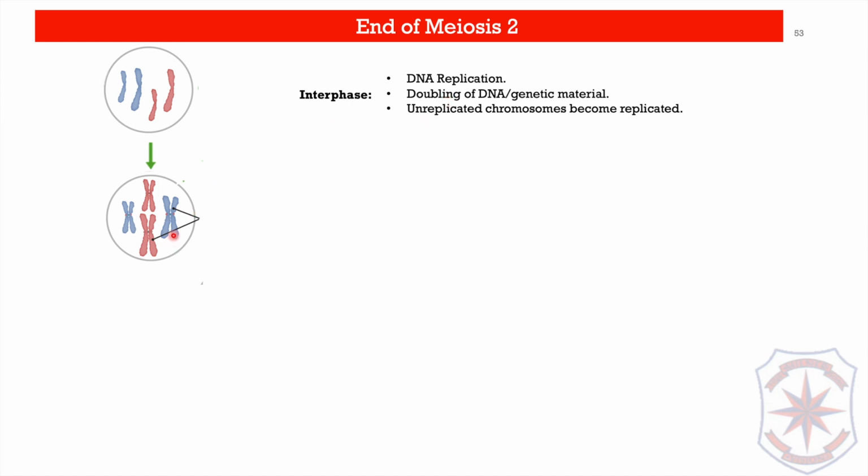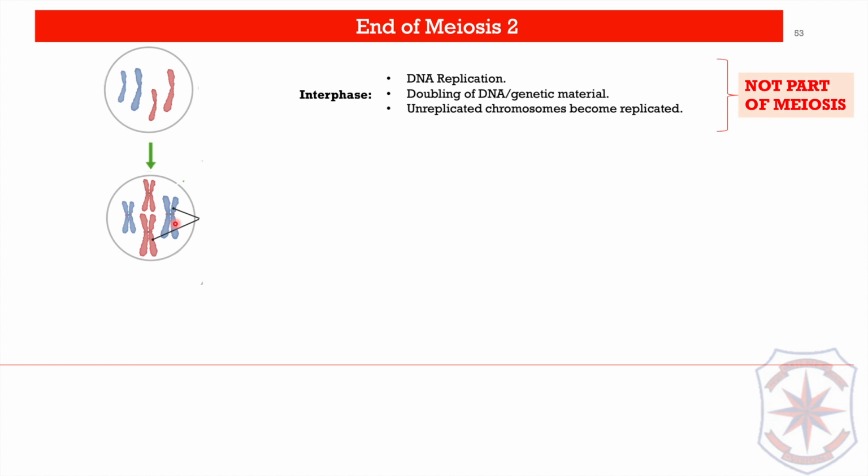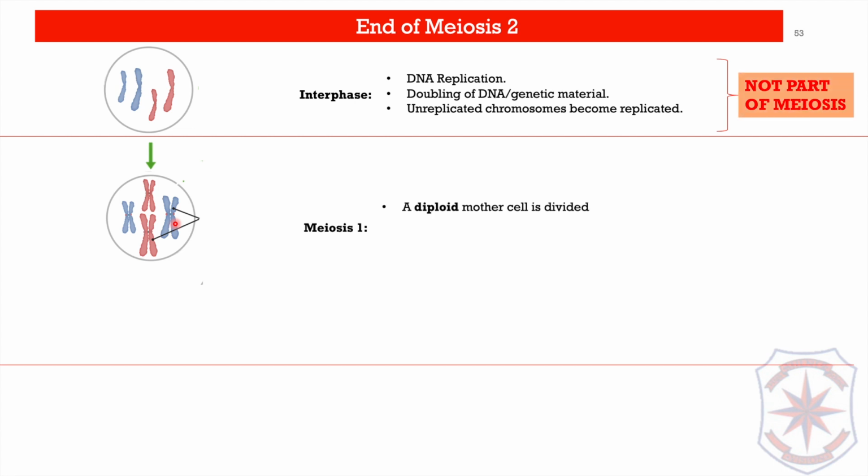Okay, now when the cell contains a diploid number of chromosomes and those chromosomes are replicated, the cell now is ready to divide. So after interphase, the cell goes into meiosis 1. Remember, meiosis 1 is PMAT 1: prophase 1, metaphase 1, anaphase 1, as well as telophase 1.